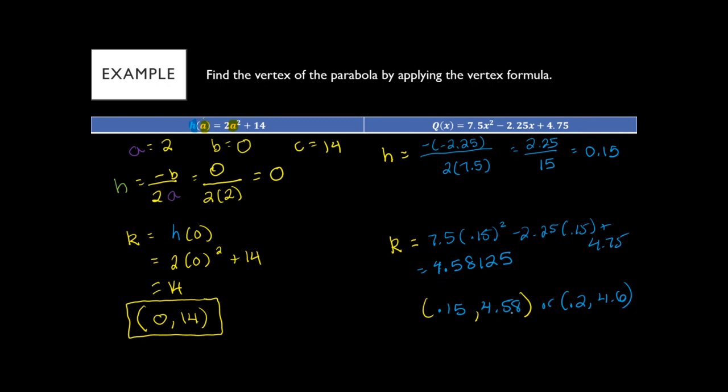Now, when you're doing this kind of stuff in ALEKS, they will tell you how many decimal places to use. They'll say round to 2 decimal places, or they might say round to the nearest 100th, which is 2 decimal places. So you do want to pay attention to that, and the general rule is to round at the very end. Don't round at the very beginning. So you wouldn't use 0.2 in this equation right here.